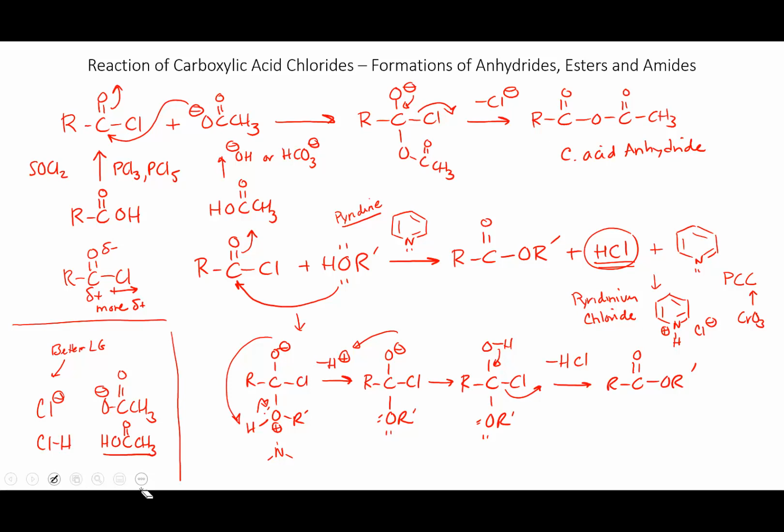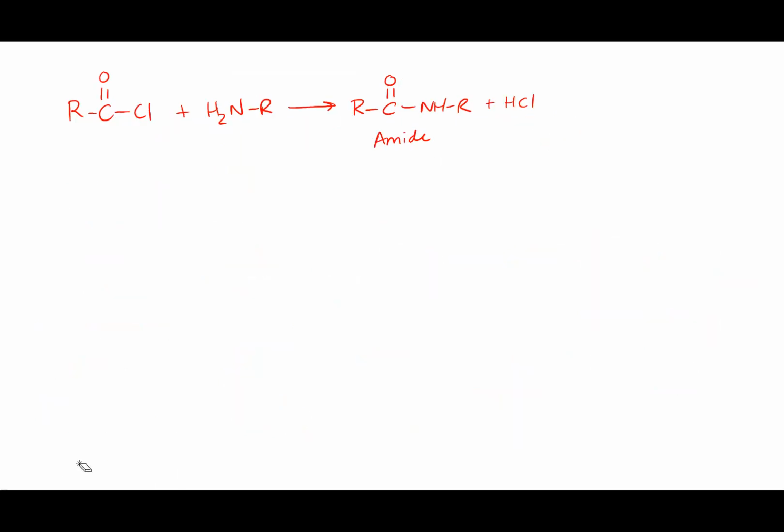Now, in this case, we have no choice. We have to use pyridine in this reaction simply because if I form HCl in this reaction, that HCl will react with any amine that's left over that hasn't reacted yet. And once I convert that amine to an ammonium salt, it isn't a nucleophile anymore, so it can't react with the acid chloride.